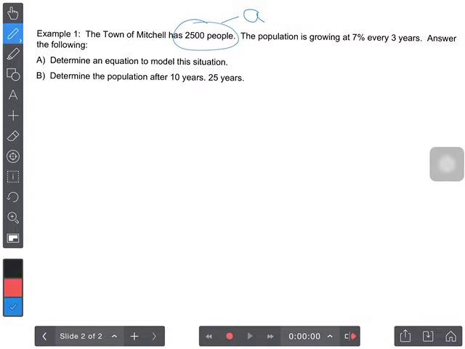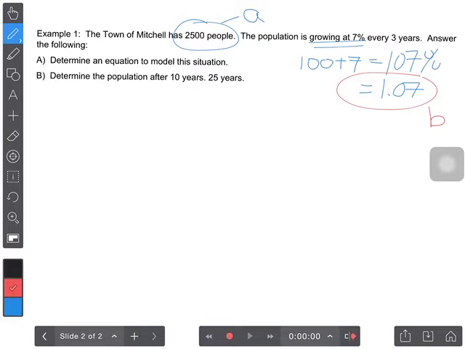The population is growing, so that means that 100% of the population will be here next year, 7% more will be here the year after, so 107% or 1.07. All right, that is our B value. And that is, every 3 years. So every 3 years is going to be our exponent here, and I'll talk about how that works right now.